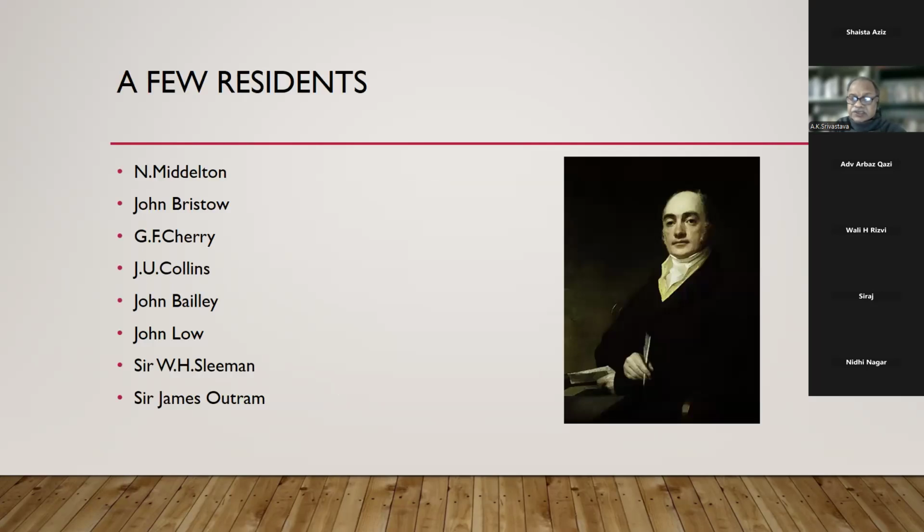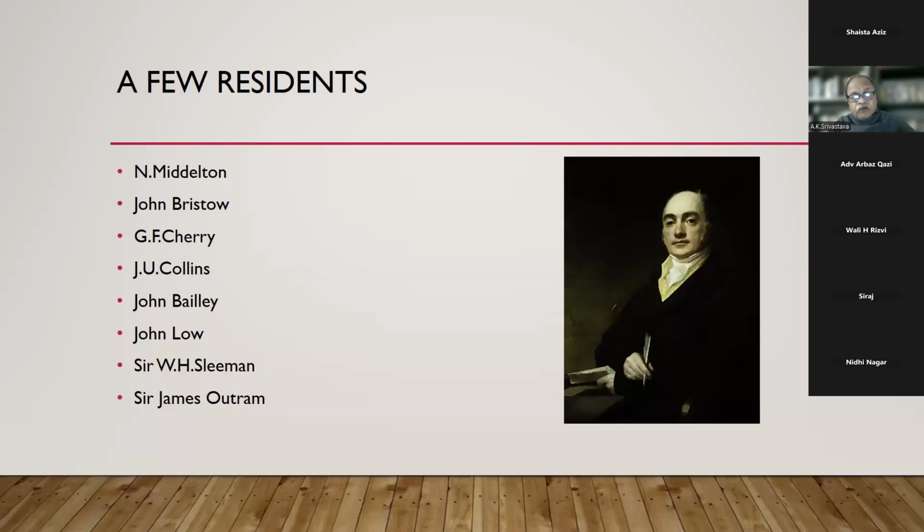A few residents, there are a number of them, but the early ones were Middleton and Bristow. Middleton and Bristow, they kept on getting changed very frequently because Warren Hastings sometimes was not supported in his Governor General in Council affair.